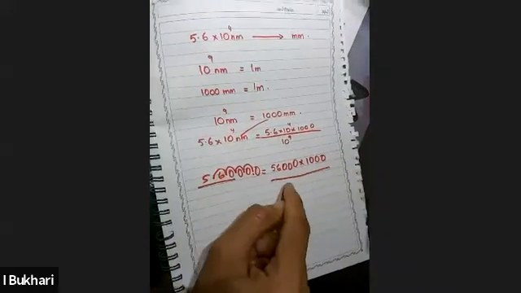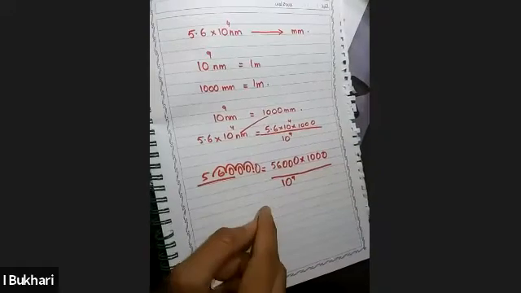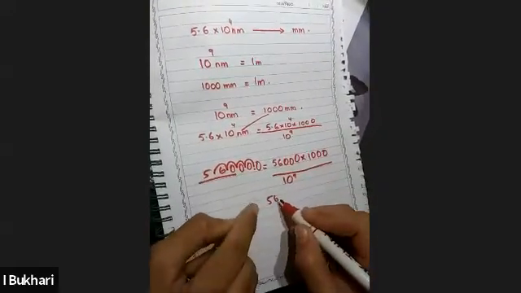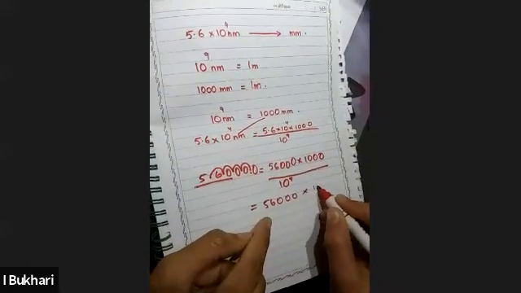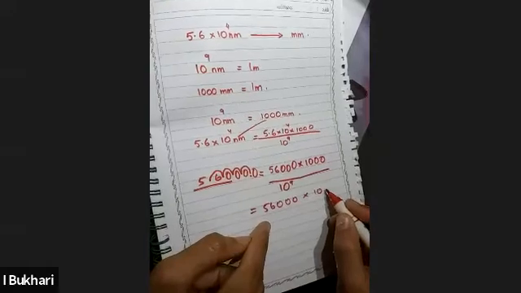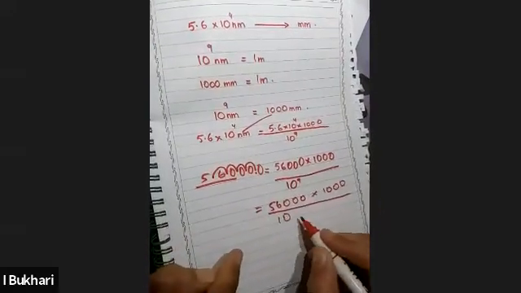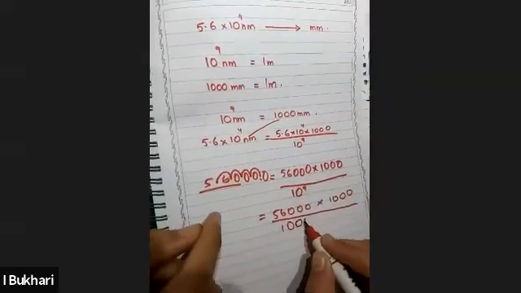I'll open up 10 to the power 9 first. Show it step by step. So 9 zeros.